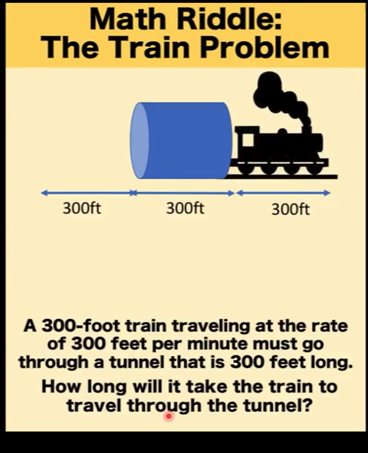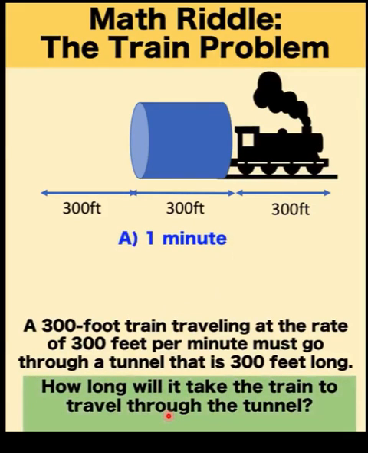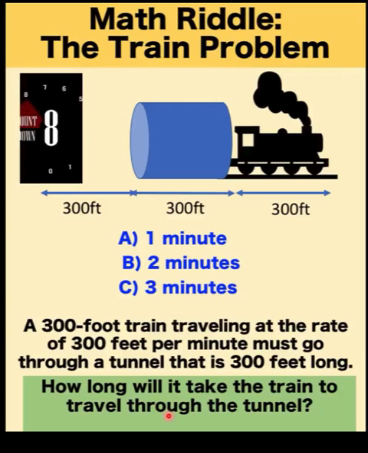Our goal is to know how long it will take for the train to travel through the tunnel. Letter A, 1 minute. Letter B, 2 minutes. Or letter C, 3 minutes. You can pause the video and see if you can solve this math riddle. And if you already know the answer, please write it in our comment section.